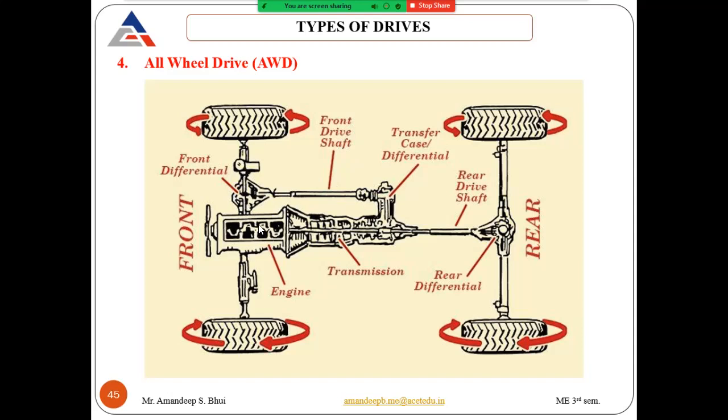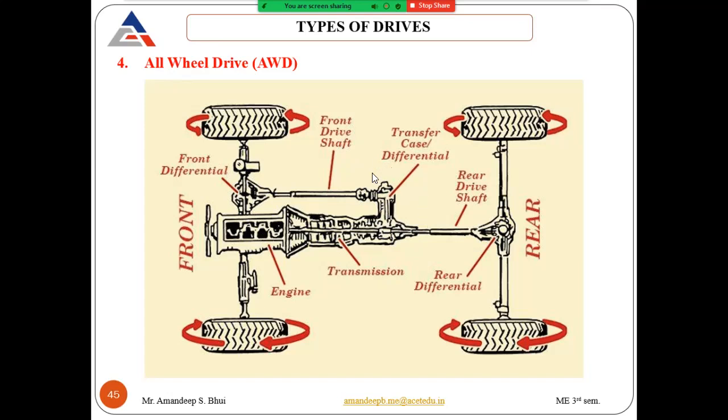So this means the power produced by the engine is given to all the four wheels. So hence it is known as all wheel drive. So the power is given to all the four wheels. So we have two differentials, front differential and back differential. We have two drive shafts, front drive shaft and the rear drive shaft.